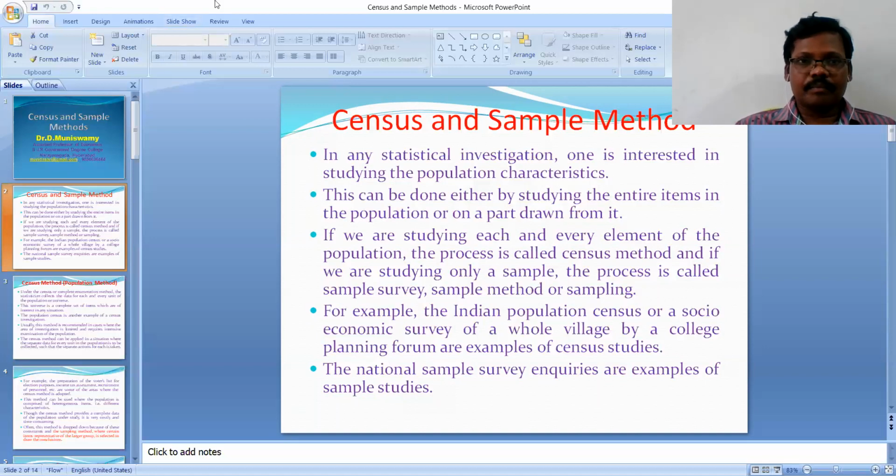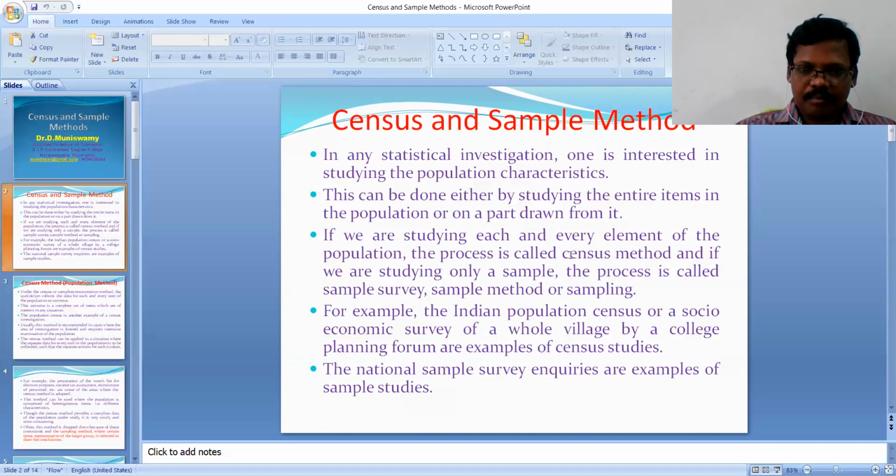Now we can see an example, the Indian population census. When the government is conducting the population census, it will try to take the information from all the people, from all the households. A socio-economic survey of a whole village by a college planning forum is also an example of census data.